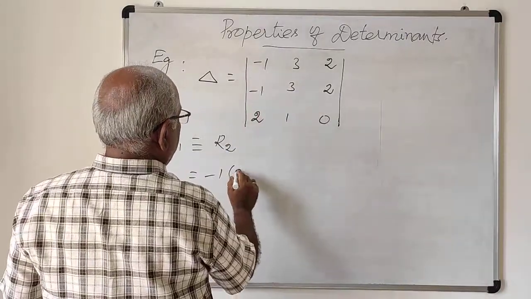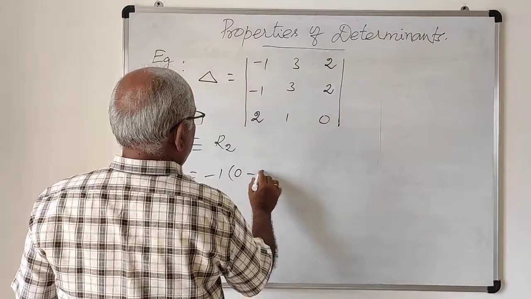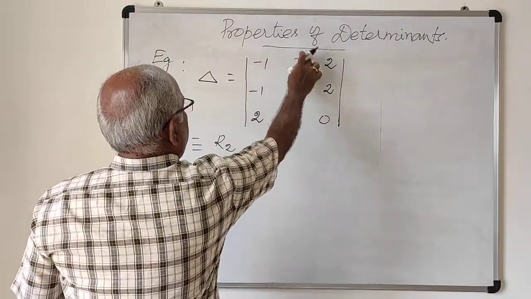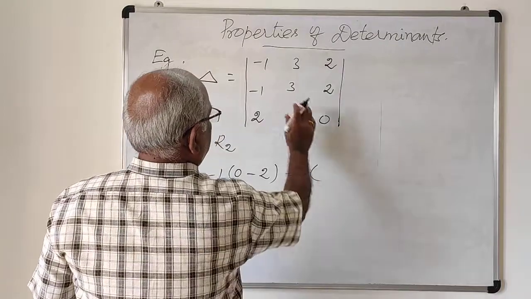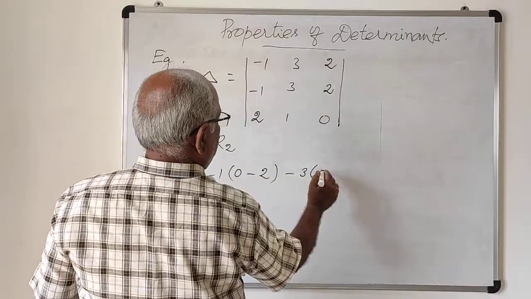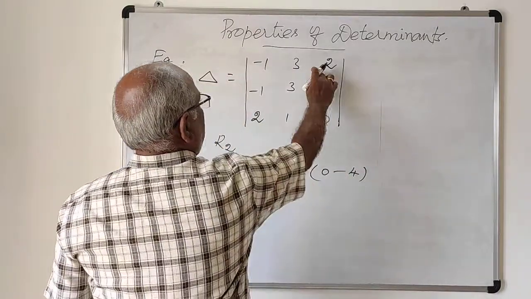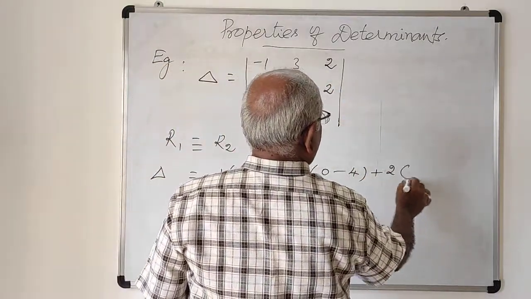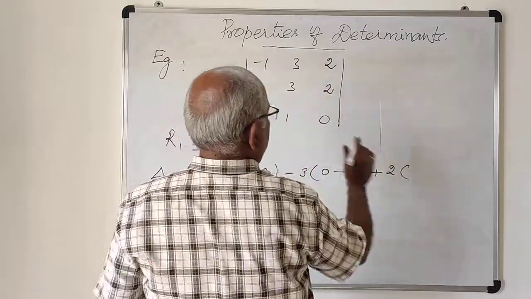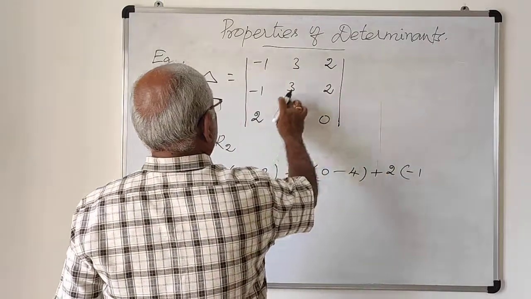Now expanding through R1, delta value is minus 1 into (3 into 0, 0 minus 1 into 2, 2), this is minus 3 expansion, eliminating this. Minus 1 into (0, 0, 2 into 2 minus 4), plus 2 into (minus 1 into 1 minus 1, 2 into 3 minus 6).